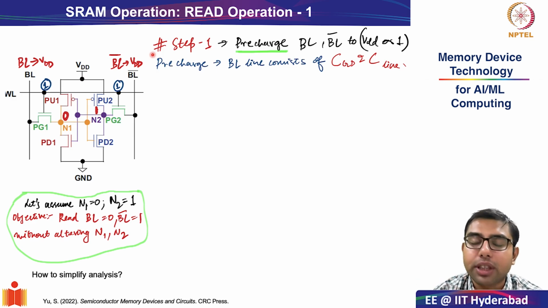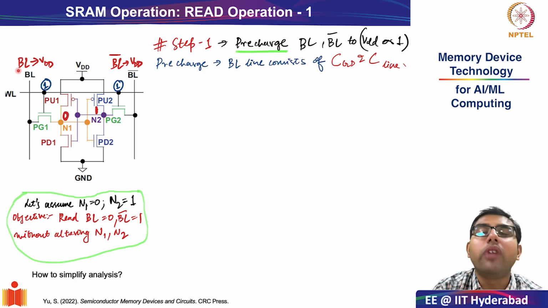This is all that we have studied in our previous sessions. Okay, so first you pre-charge bit line and bit line bar to VDD or 1, and next you turn on the word line. This is what you essentially do.